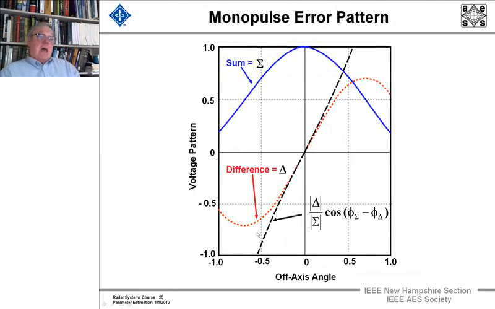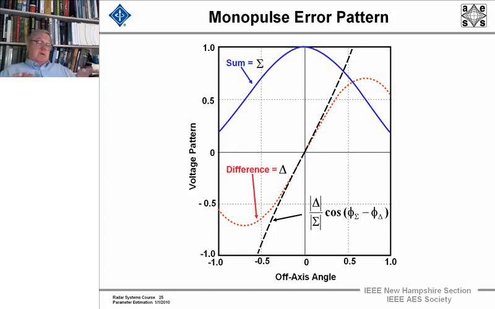Now, what you get out of the sum pattern in voltage is this, and the difference pattern, you get this. And when you take this quantity, the absolute magnitude of the delta of the difference minus the sum, in either elevation or azimuth, because you're going to deal with azimuth and elevation in parallel, different receivers.